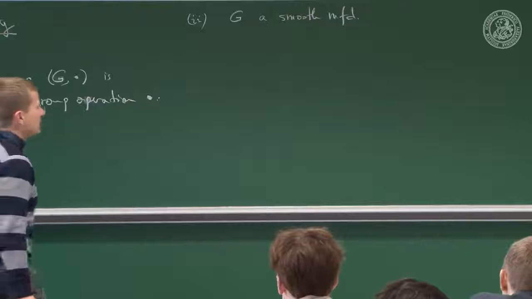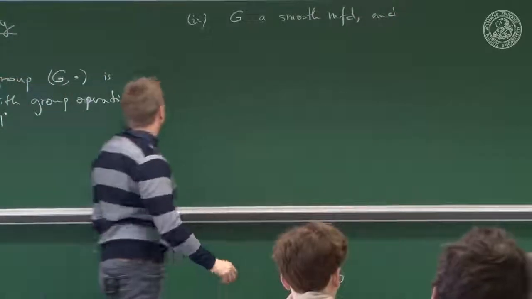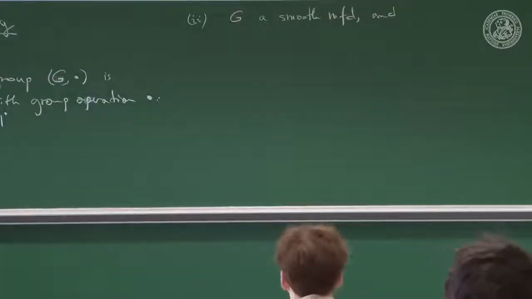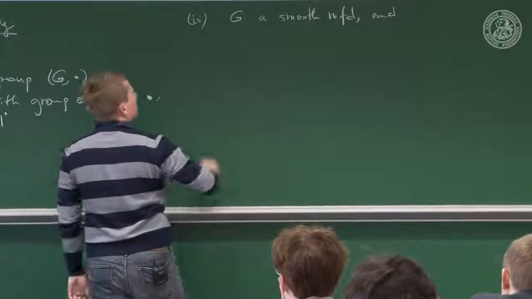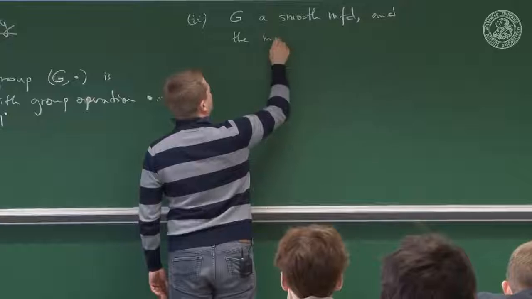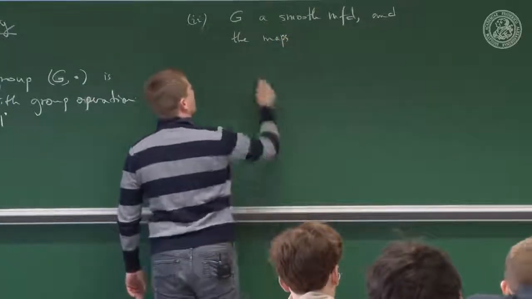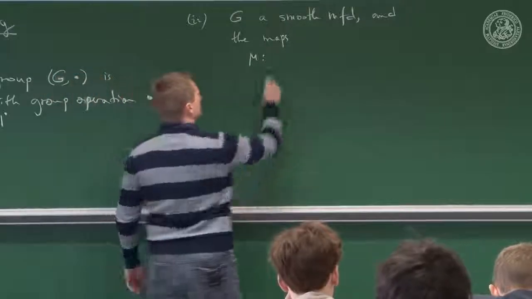G is a smooth manifold, and that's not all of it. The blob operation we can encode in a map. And there are actually two maps we're considering. The first one, we call it mu, like multiplication.